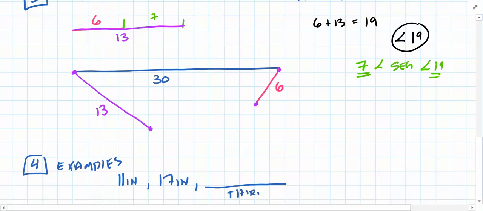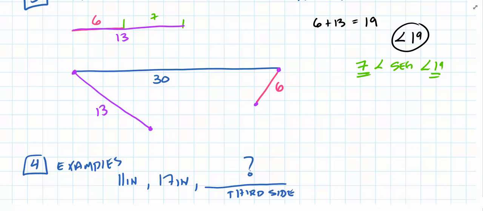I want to know what 2 numbers that third side needs to be between in order to actually be able to make a triangle. So this is how we're going to use the triangle inequality theorem. If I have 11 inches and 17 inches, what is the length of that third side that will actually make a triangle?